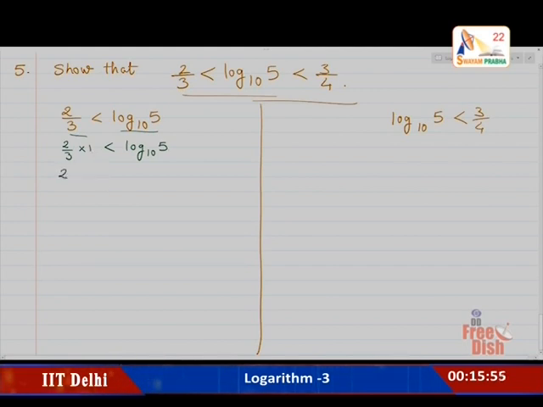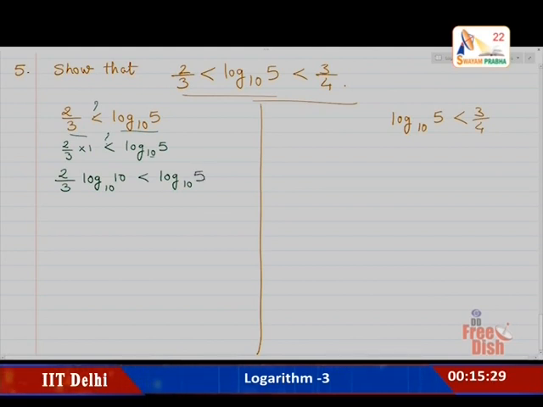According to our convenience, I want to prove this. Log to the base a of a, but since I want to compare this with base 10, I will put log to the base 10 of 10 is less than log to the base 10 of 5.